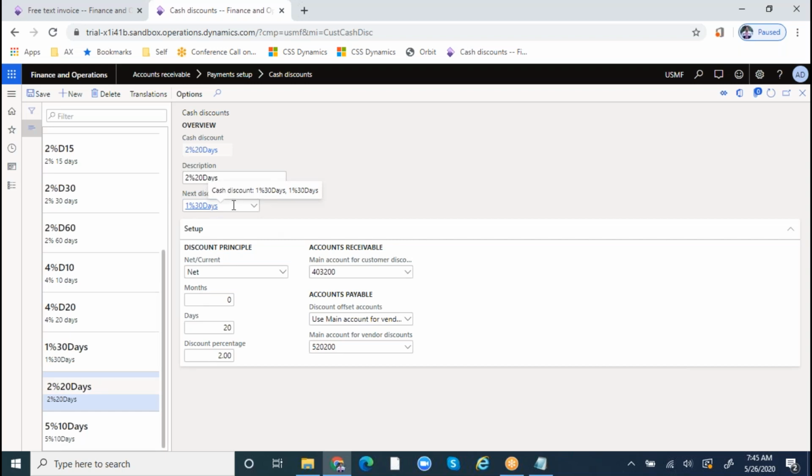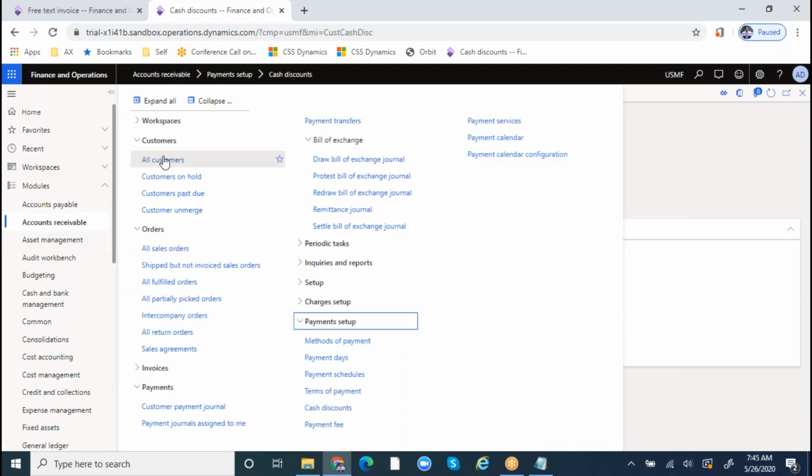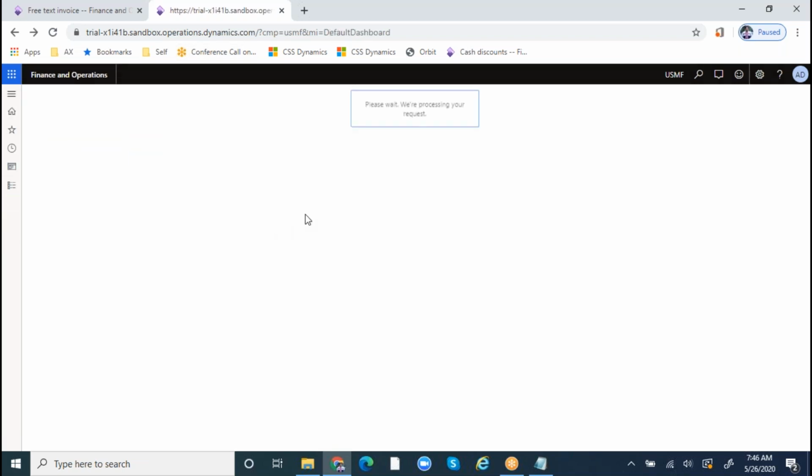Now I will do one transaction by mapping this 5% 10 days discount, and we'll see. Let me map this discount to one customer.